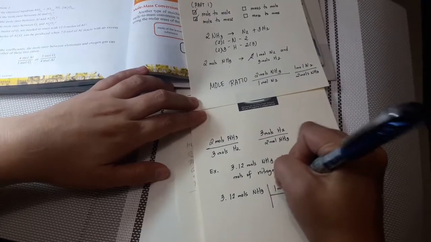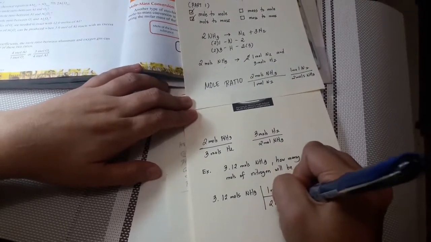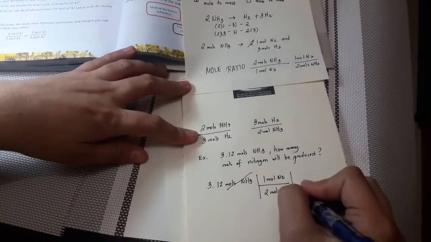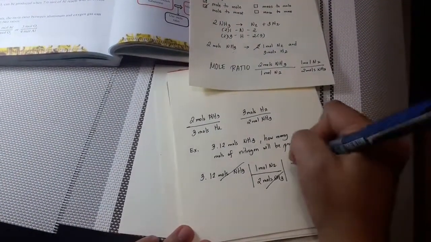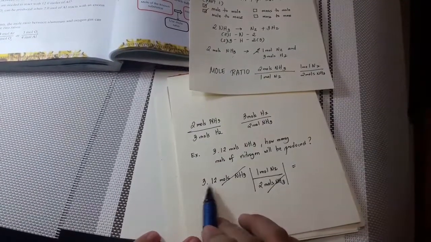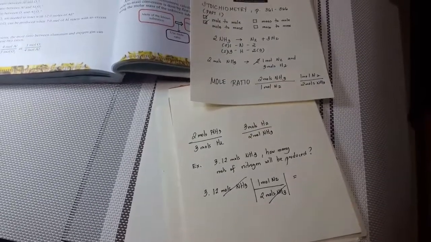So, meaning for every 1 mole of nitrogen, there are 2 moles of ammonia. Using dimensional analysis, you can cancel moles of ammonia. So, you perform the necessary computation. That would be 3.12 times 1 divided by 2. So, what is the answer?